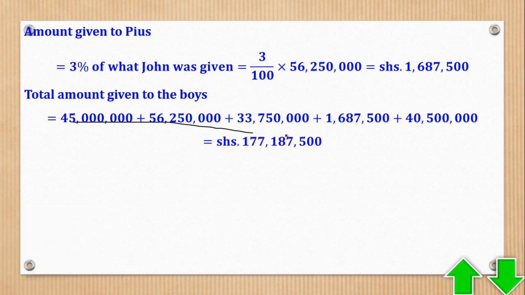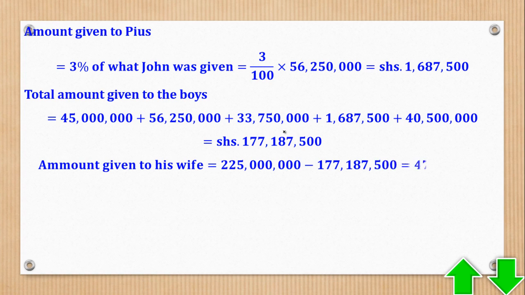When I add all these, I come up with the amount given to the boys. But remember, the total which remained after giving the girl was 225 million. So the remaining part is what will be given to the wife. So this minus the amount given to the boys gives you 47,812,500. So I think you have got the amount given to the children and to the wife.